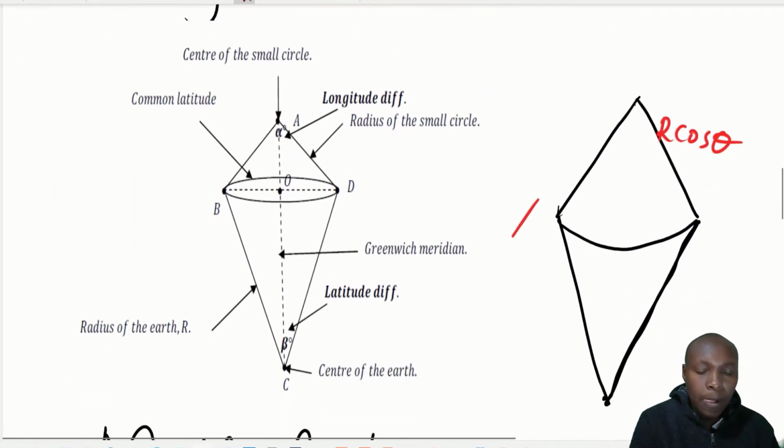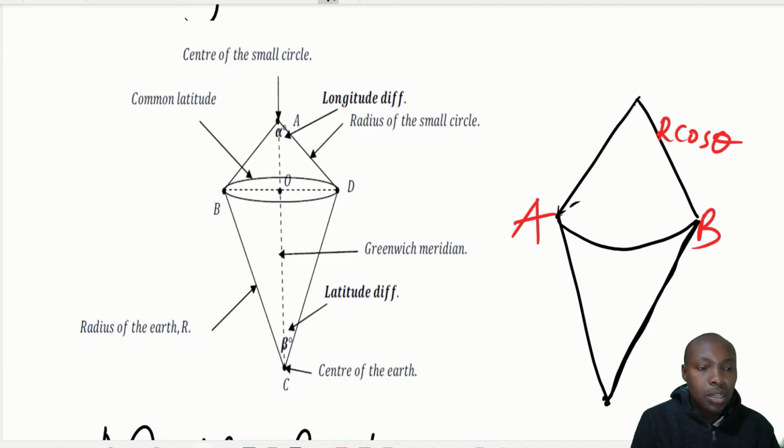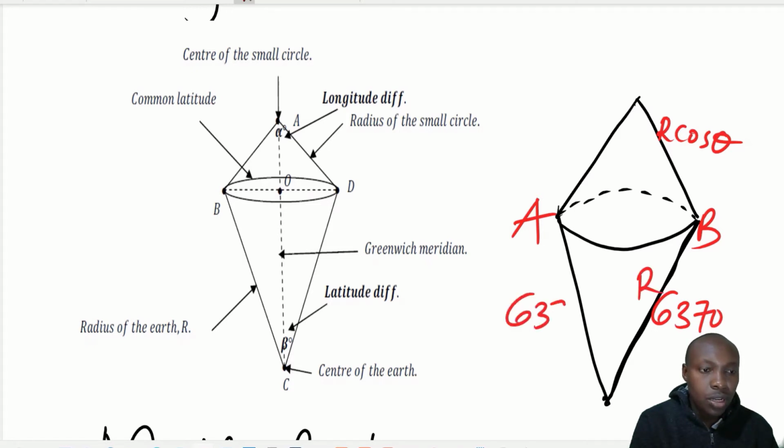This diagram on the left hand side is to help us understand how we are going to calculate. The radius of the great circle is given as 6370 kilometers. Then the small circle is r cos theta. We're going to draw a line that divides these triangles into two equal parts, meeting at this point, which is 90 degrees.